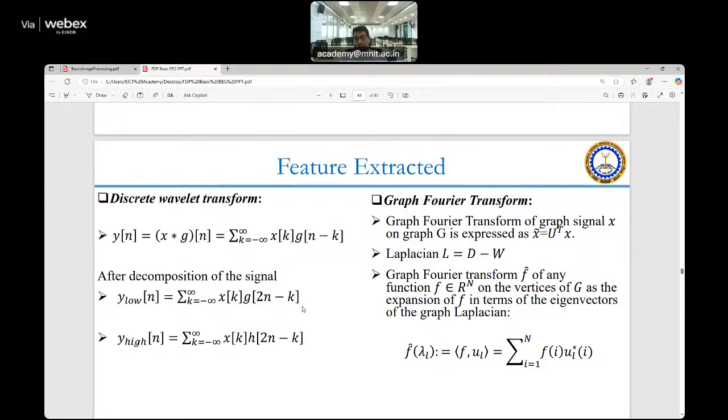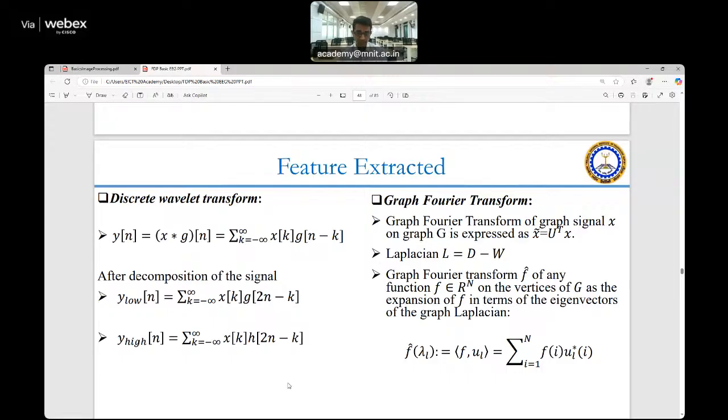After discussing the data set, now coming to feature extraction. In feature extraction, we compare both the wavelet transform and the graph Fourier transform. Here it is shown that after decomposition, you can break the low frequency signal into two components, one in the lower frequency and one in the higher frequency.